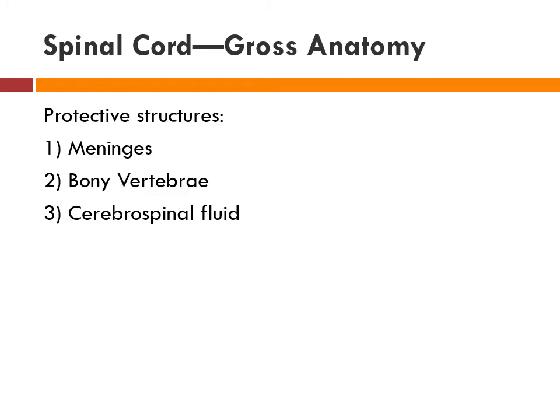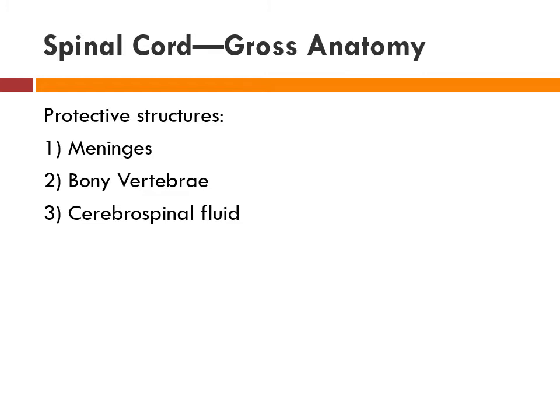I also wanted to mention that there is no ventral root ganglia because our motor neurons are multipolar neurons, so they do not have a collection of cell bodies. The cell body is right around the dendrites, and then we have the long axon, which goes to the next cell body, and so there is no ventral root ganglion. There is only a dorsal root ganglion, and that is because our sensory nerves are unipolar.